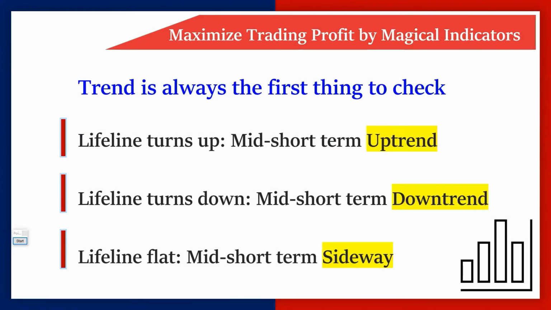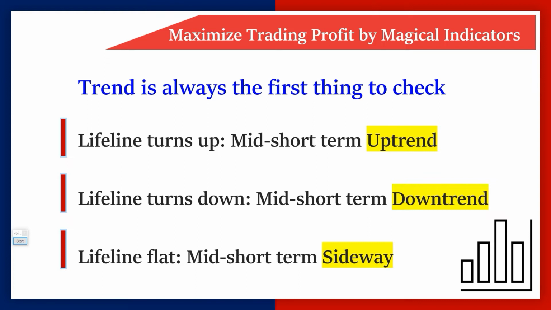No matter whether we do short-term trading, mid-term trading, or even day trading, trend is always the first and most important thing we should check. If the lifeline turns up, it means the trend is currently bullish up, and we have a higher probability to make money.